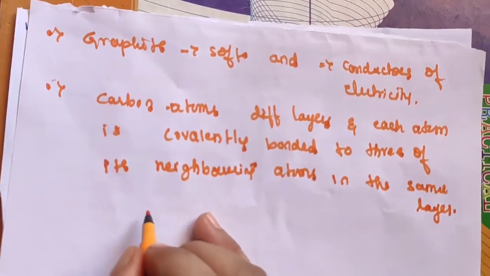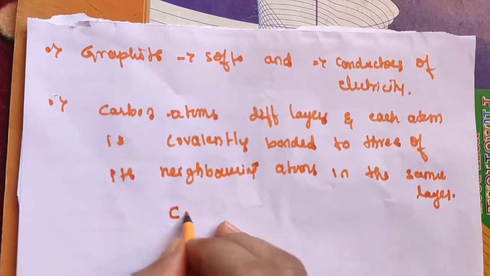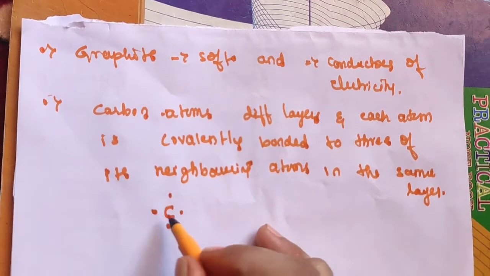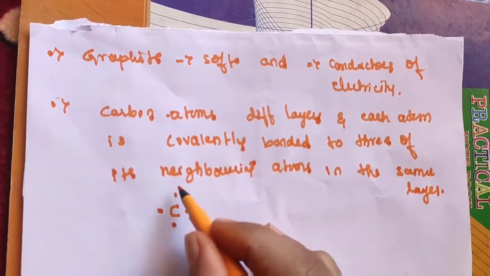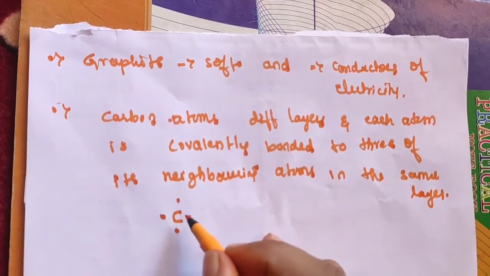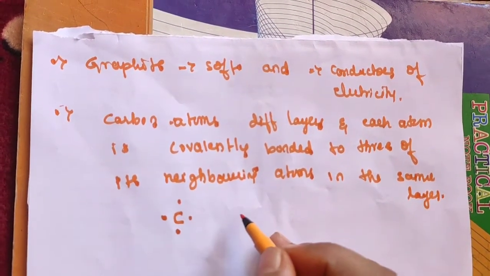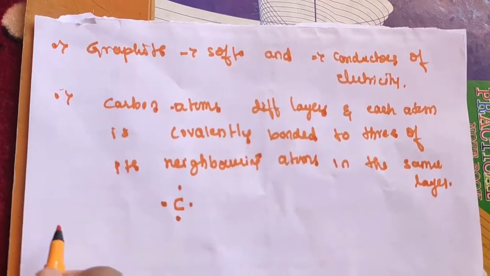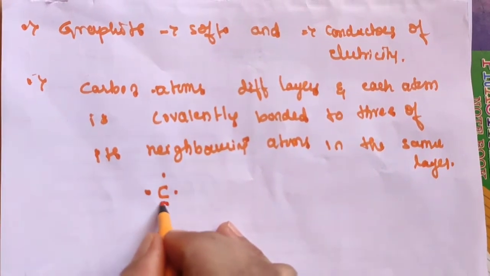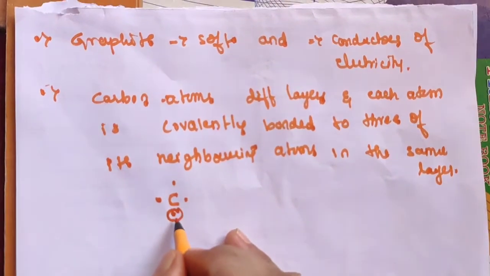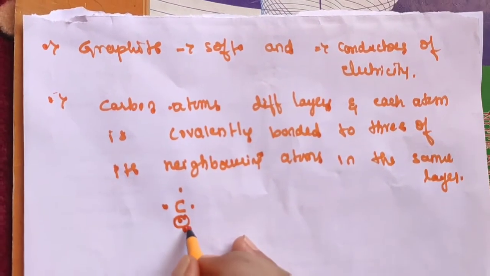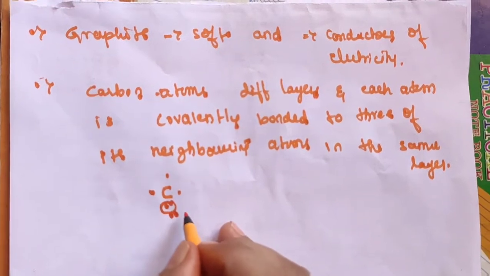It means that carbon has four valence electrons. Of the four valence electrons, three are bonded with the neighboring atoms in the same layer, and the fourth valence electron of each atom is present between the layers and is free to move about.